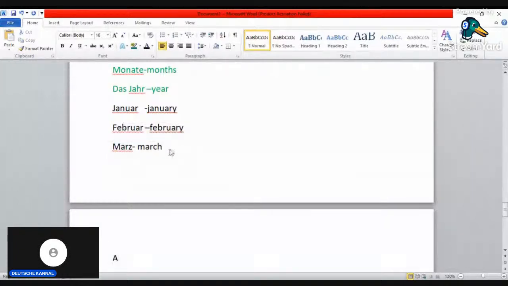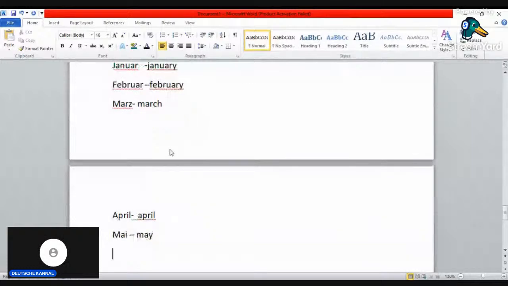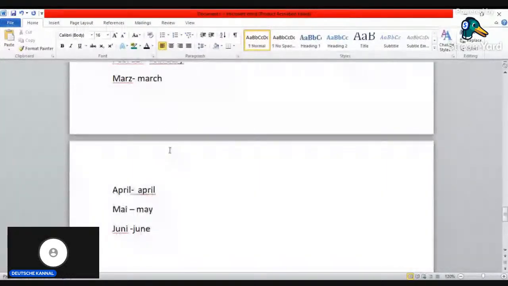Then there's April, the same spelling but different pronunciation. And there's Mai, May. There's Juni. J in German is pronounced as Y, so Juni is June.